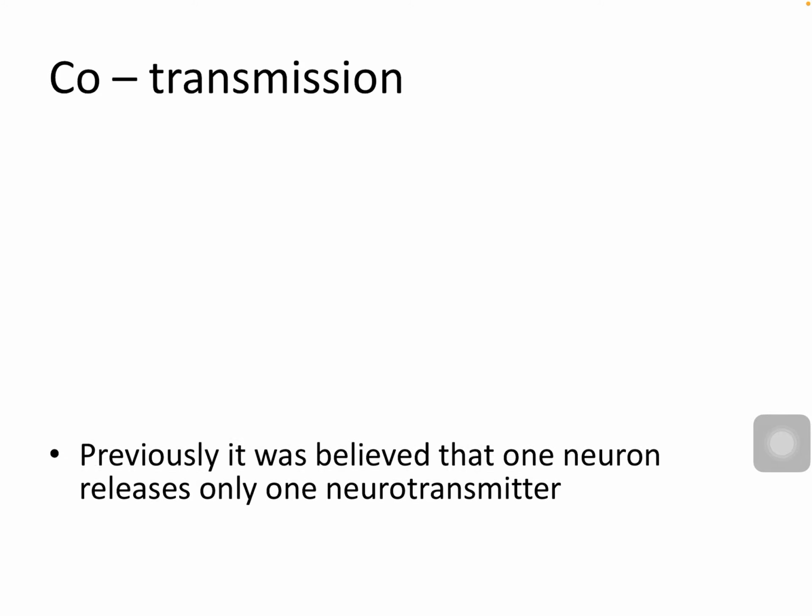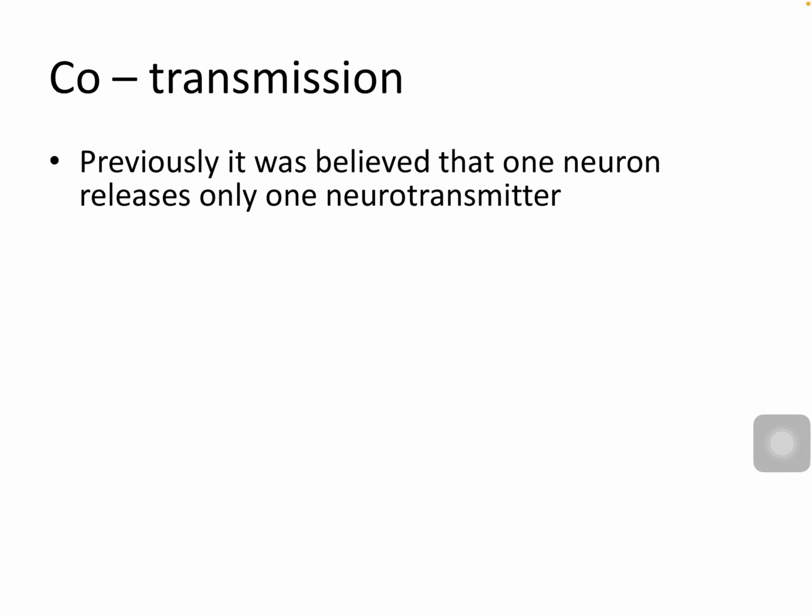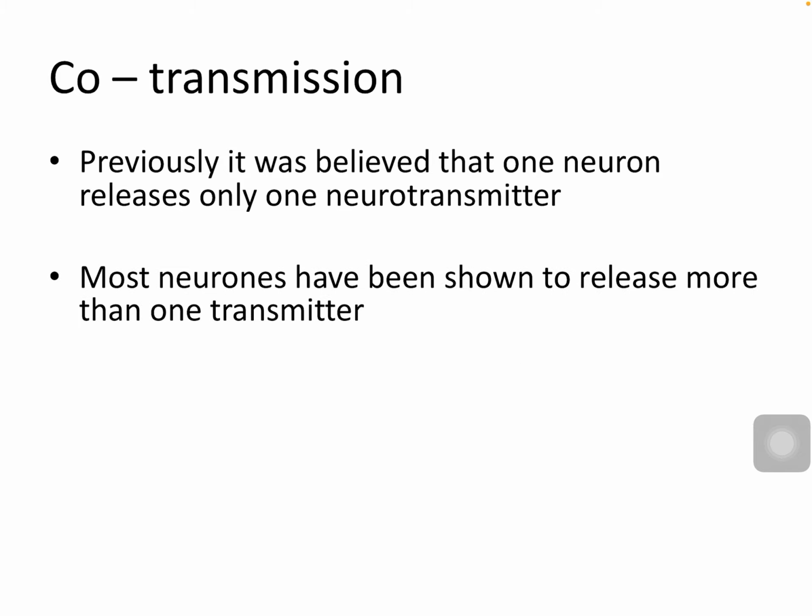So the last part of this introductory lecture is, what is co-transmission? Initially it was believed that one neuron leads to release of one neurotransmitter. So one neuron, one neurotransmitter. That was the concept. But subsequent detailed studies have now shown that the majority of neurons not only release one predominant transmitter or the main transmitter, but in addition to that, they release many other neurotransmitters as well.